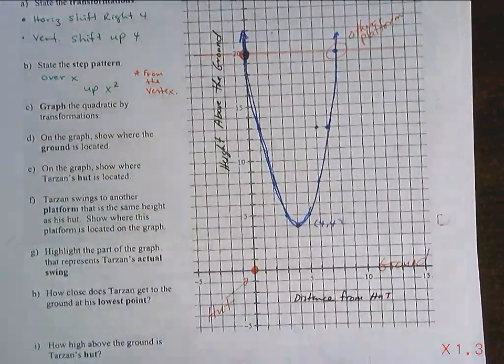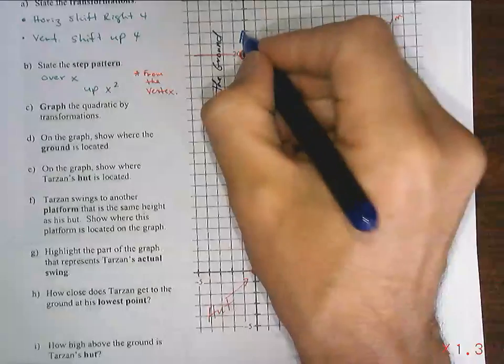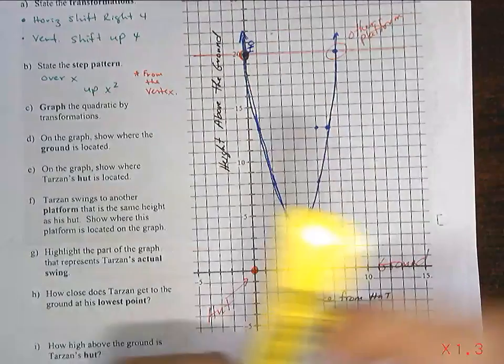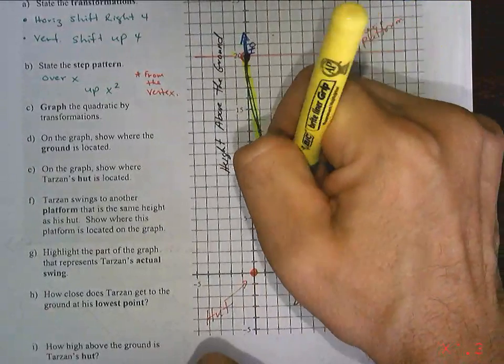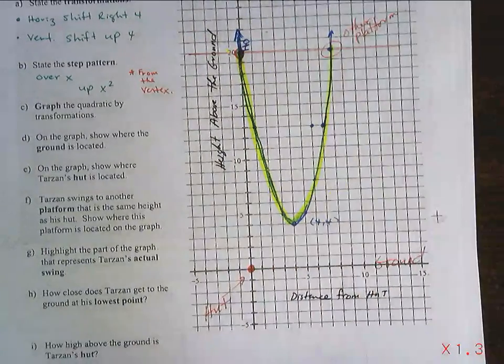I'm looking out at the studio audience and I see them putting in some things, so this is good. Okay, what's next? Highlight the part of the graph that represents Tarzan's actual swing. So Tarzan's standing here. If I had to draw a picture, good little Tarzan's here. And he swings, and he falls. Whee! And luckily for him, he goes back up, whee, to the platform.